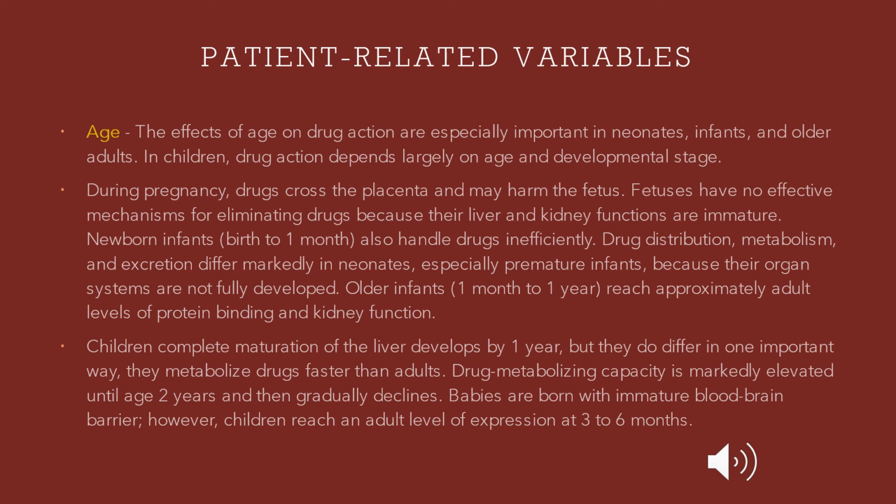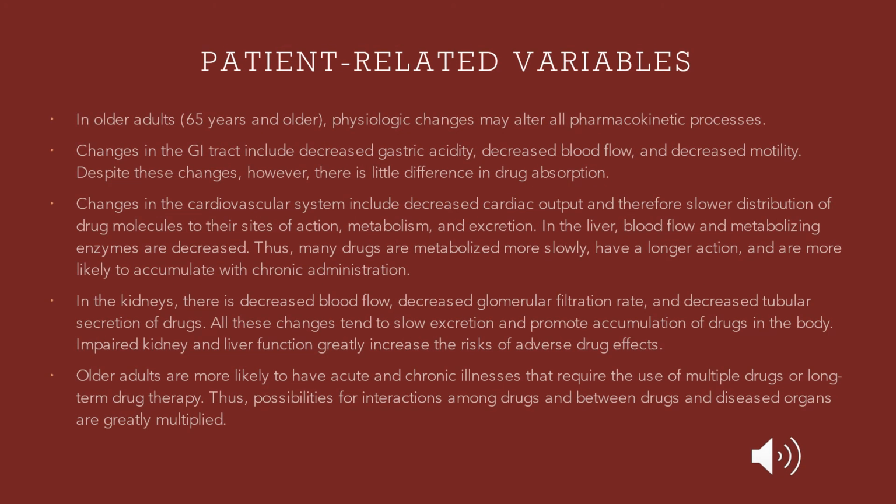Drug metabolizing capacity is markedly elevated until age 2 and then gradually declines. Babies are born with an immature blood-brain barrier. However, children reach an adult level of expression at 3 to 6 months of age. In older adults, 65 and older, physiologic changes may alter all pharmacokinetic processes.